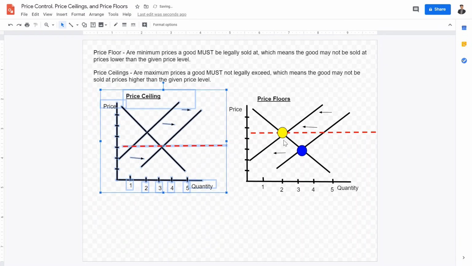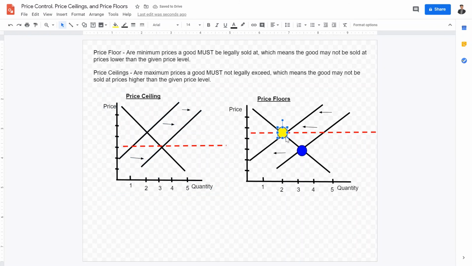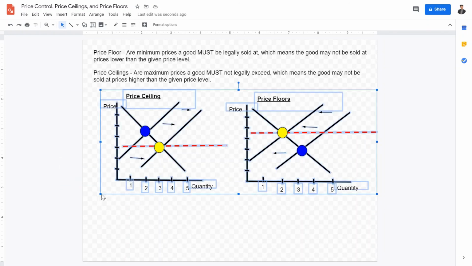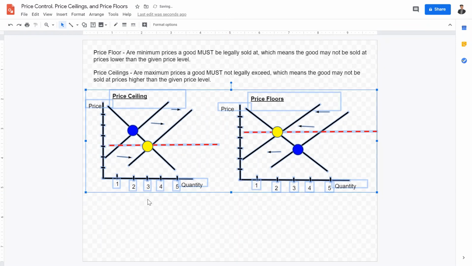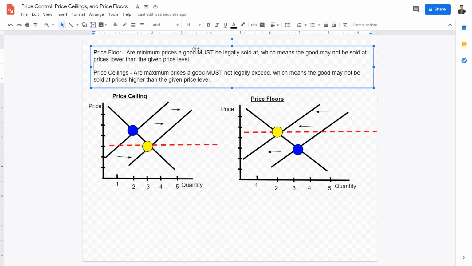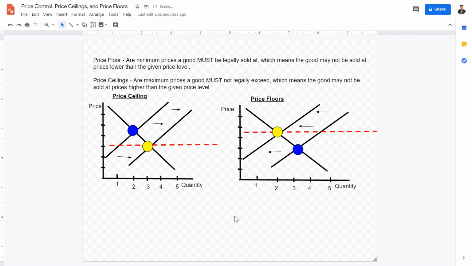However, in both scenarios, market inefficiencies will result, seeing as the market is optimally efficient at the market equilibrium price. When government intervenes in the form of legislation, in the form of price controls, the free market is no longer at the optimum quantity. Therefore, there will be excess demand and excess supply.